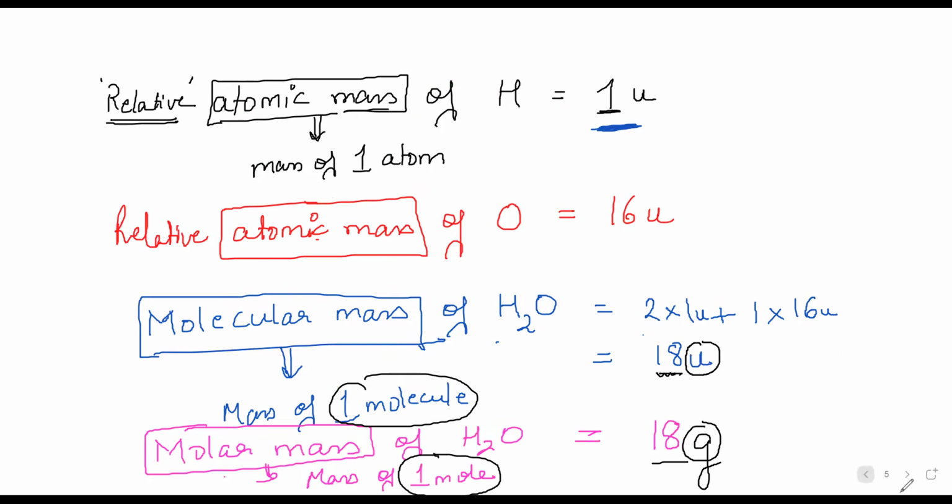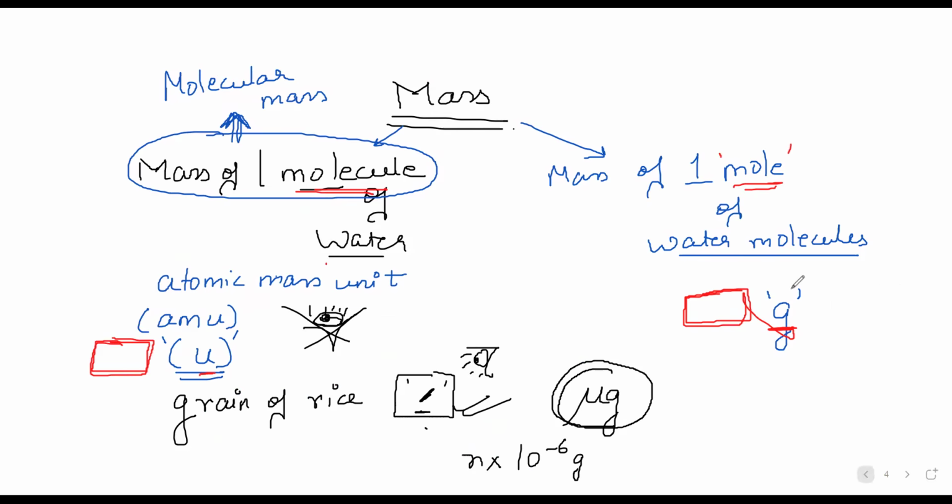So over here, when we were writing the notes, I will just use the terminology molar mass. When you are taking 1 mole of any substance, the mass becomes the molar mass. And if you take the mass of one molecule or one atom, it becomes molecular mass or atomic mass.